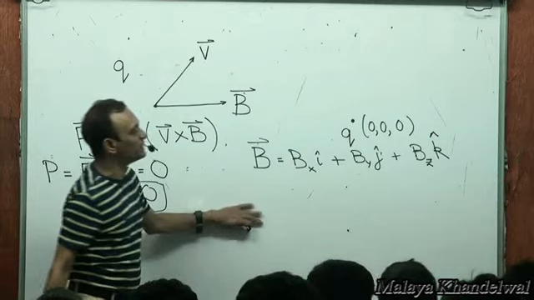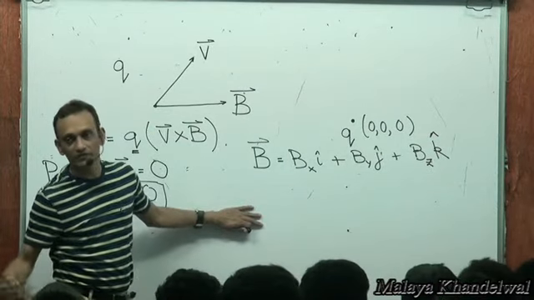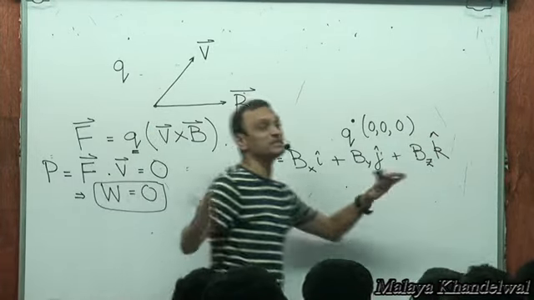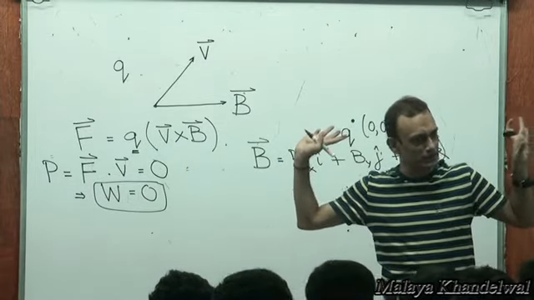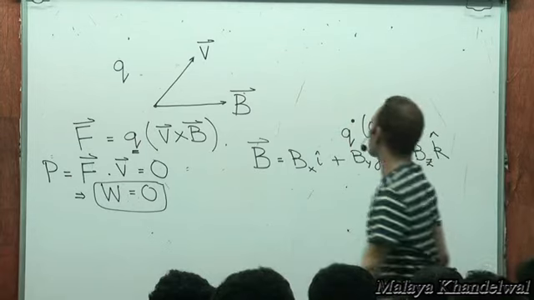This is a magnetic field B associated with a certain region where Bx, By, Bz all would be functions of x, y, z, a variable magnetic field, right?